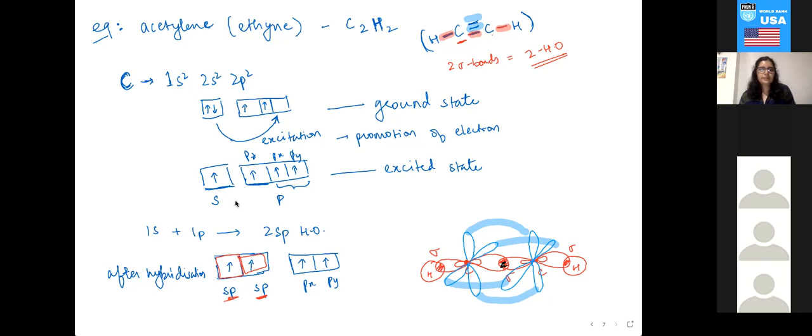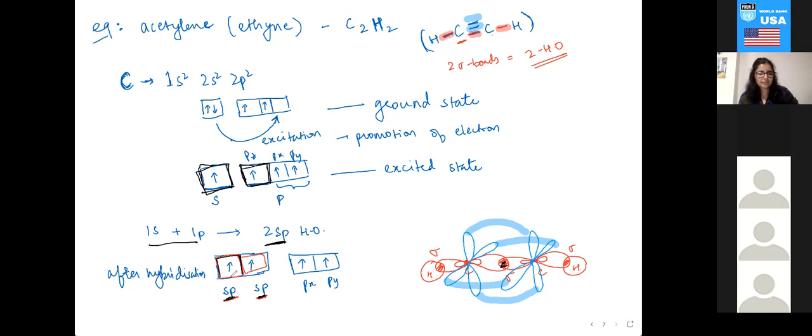हर एक carbon में there is one single s orbital and one of these three p orbitals. So one s and one p, the ones that I've highlighted, these two are going to combine and form two different sp hybrid orbitals. Because they are a hybrid of s and p, we call them sp hybrid orbitals.